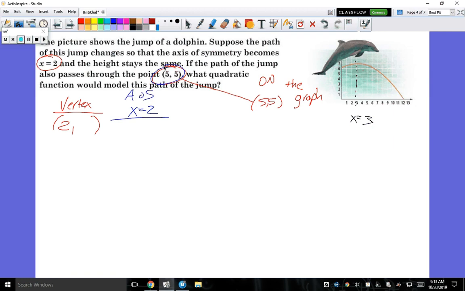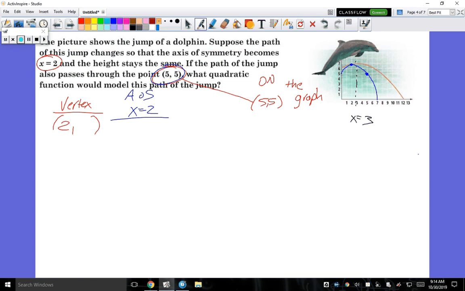So if the axis of symmetry is at 2, and it goes through (5, 5), here's (5, 5). The axis of symmetry now is at 2. We know that the graph is going to look from here something like this. You agree? And it's also, like Catherine said, going to mirror somehow over here. Something like that. Okay?